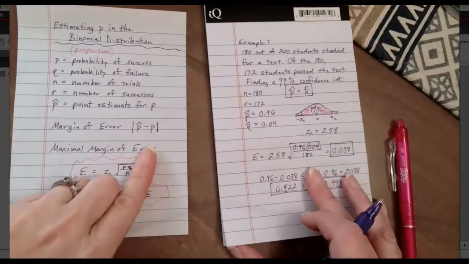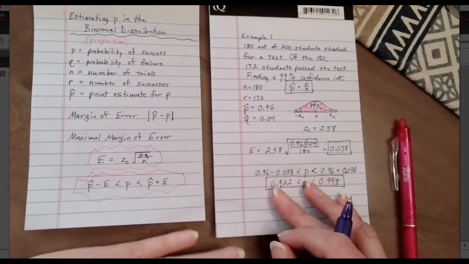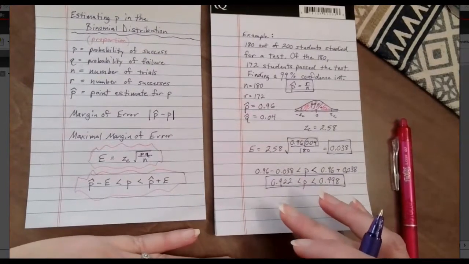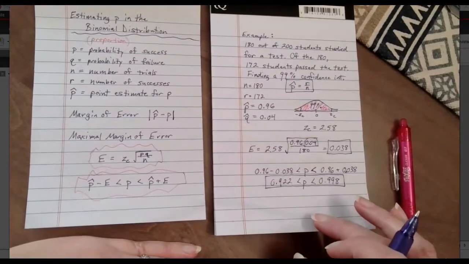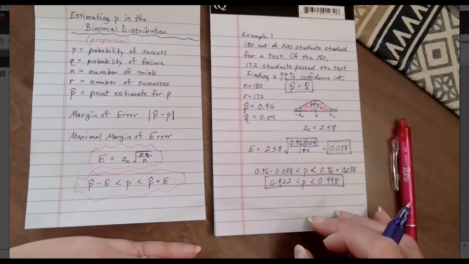If you go back in your brains, I've talked previously about how you can use a normal estimation for binomial only under certain circumstances. Do you remember those circumstances? Hopefully, maybe, kind of, sort of.